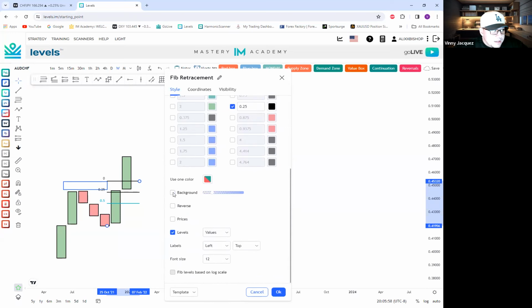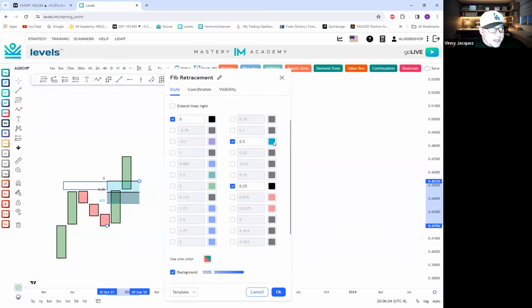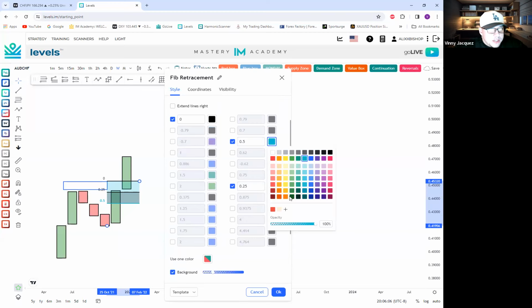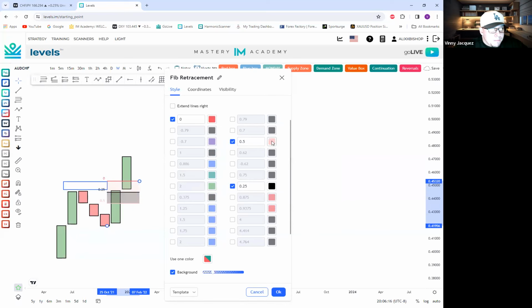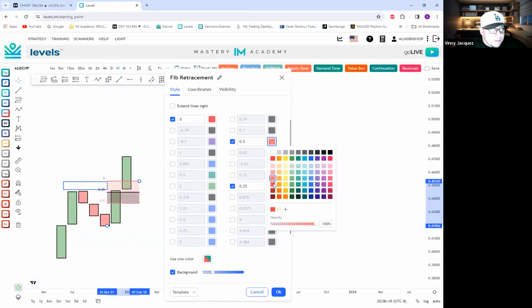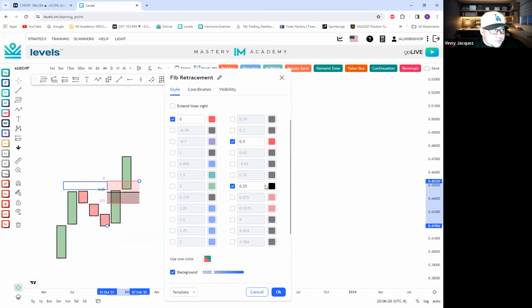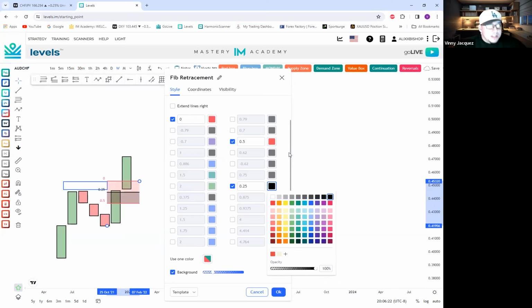Can I add some background? We'll change these things to a lighter color, a light pink. Why not? Maybe a darker. All right, we can just leave that like that.